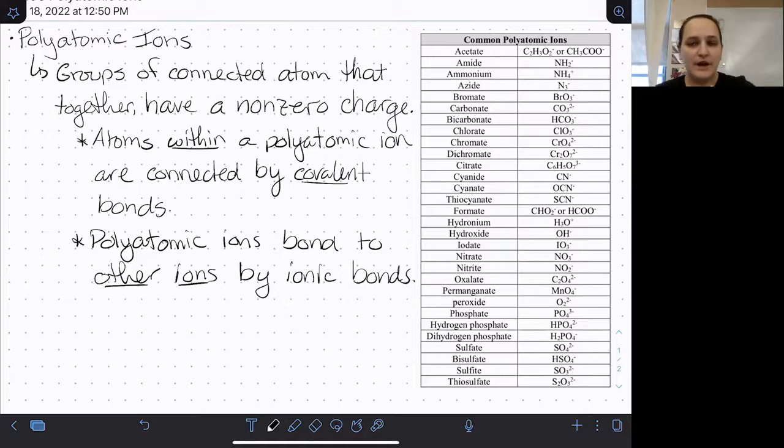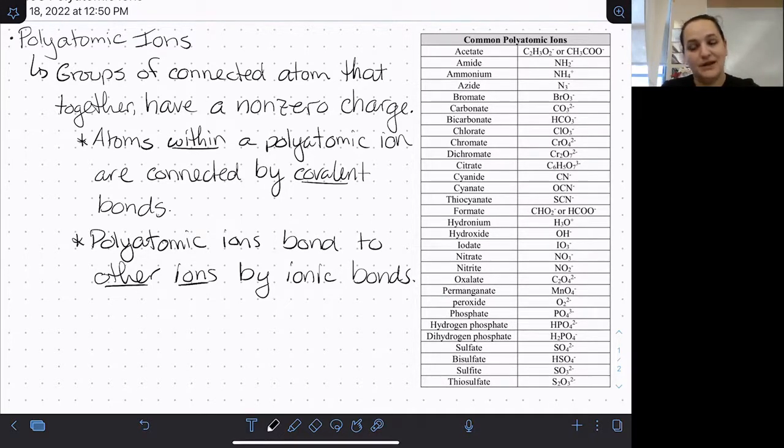So when polyatomic ions are involved, we can actually have compounds that involve both ionic and covalent bonds. That group as a whole is connected to the other ions in the compound by ionic bonds, but within the polyatomic ion, we have covalent bonds as well.